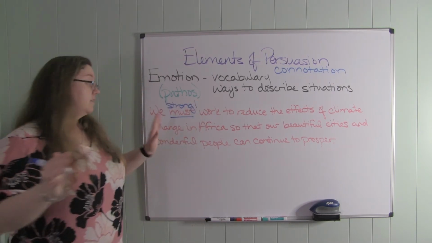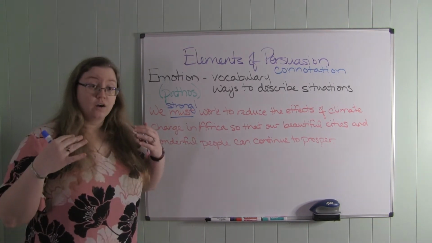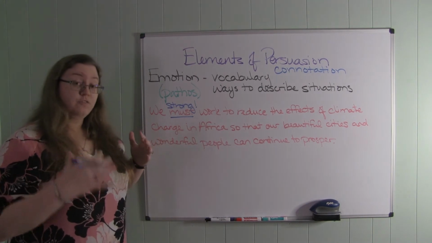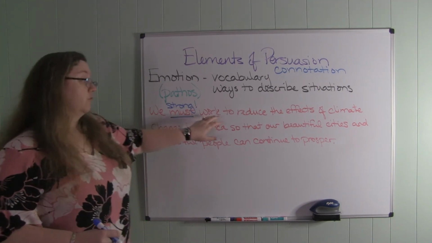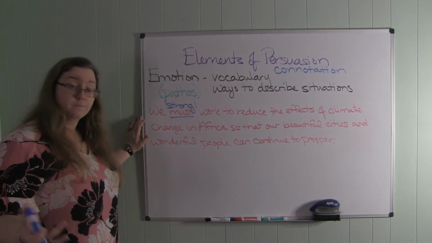So we know that anything that comes after this word, we are obligated to do. This is something that is very critical and important that we must do. So we must work to reduce the effects of climate change in Africa.